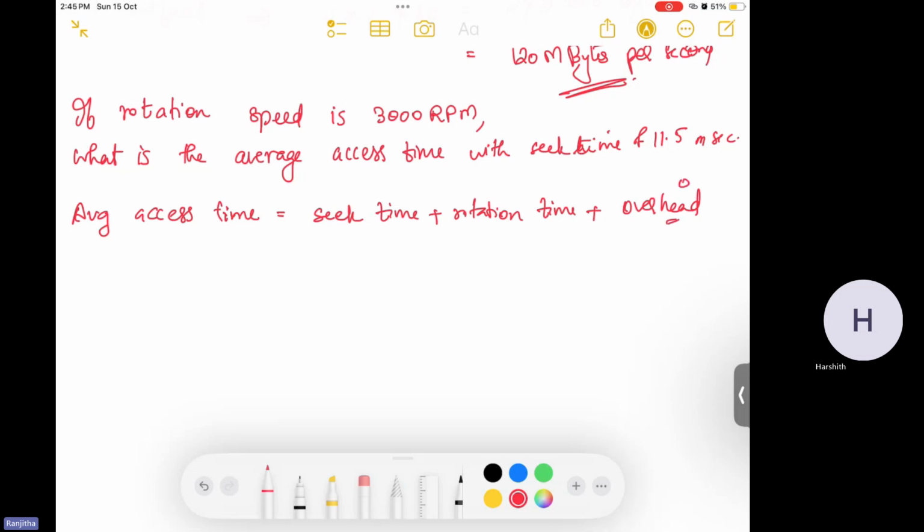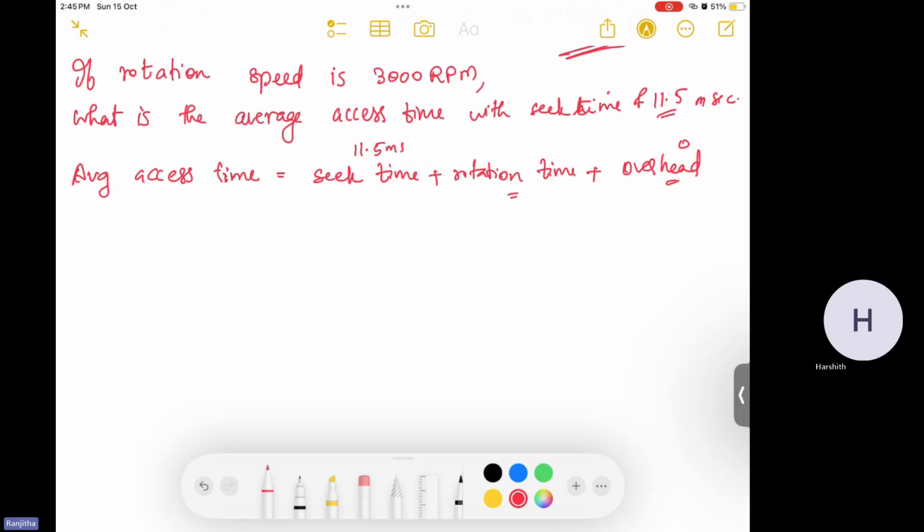Seek time is given as 11.5 millisecond. What we need to find is the rotation time. It is given that there are 3000 rotations in 1 minute. So in 1 second, we have 3000 by 60, which is 50 rotations.